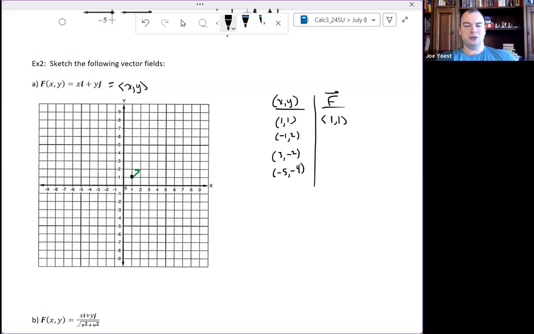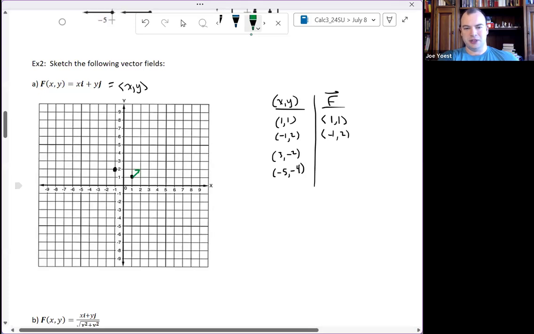For (-1, 2) as the input point, what vector should I attach to that? Well, of course, that's the vector with horizontal component -1, vertical component 2. So I want to go 1 to the left, 2 up to get to my terminal point.